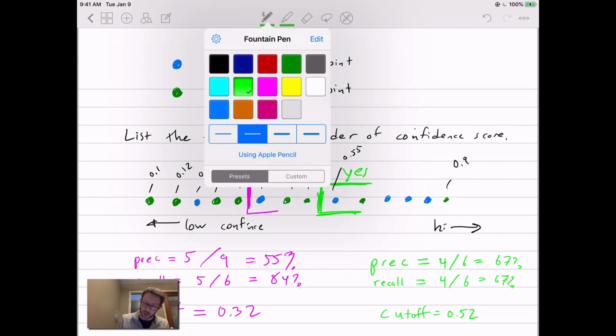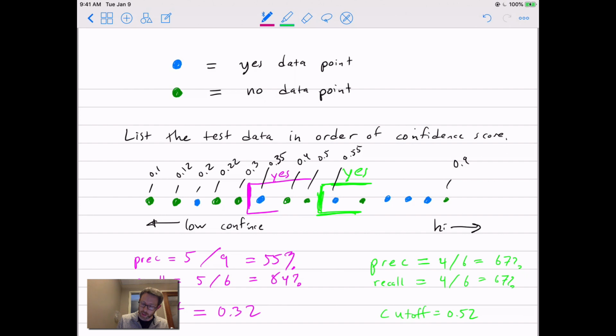So let's draw a nice summary. One thing you may have anticipated is that we are headed towards the ability to graph these different ratios. So what I can do is I can take this point. So let me draw a graph here with precision on one axis and recall on the other axis.